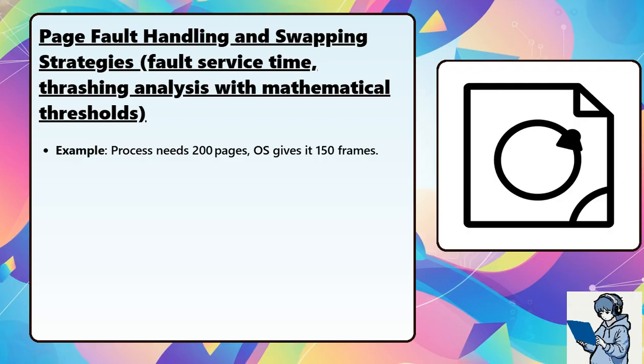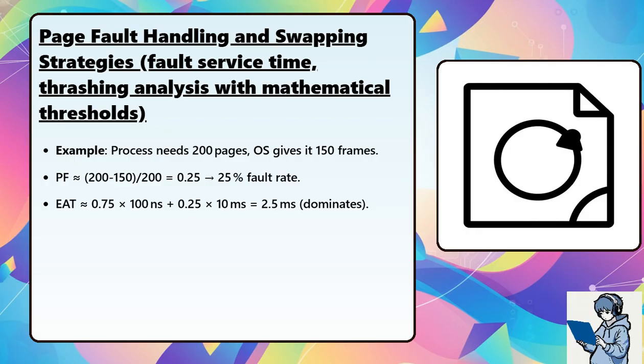The operating system gives it 150 frames. PF is approximately (200 minus 150) divided by 200, equals 0.25, which is a 25% fault rate. EAT is approximately 0.75 times 100 nanoseconds plus 0.25 times 10 milliseconds, equals 2.5 milliseconds, which dominates.